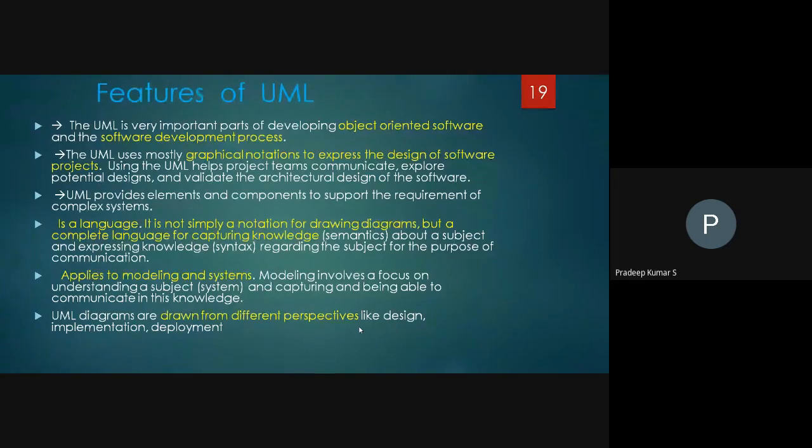What are the features of UML? You should immediately say at least the key points. UML is for developing software and the software development process, that is, developing object-oriented software.